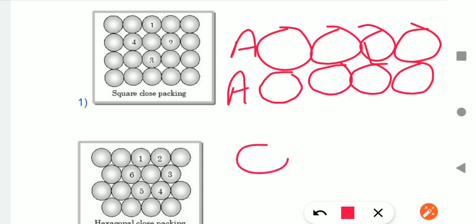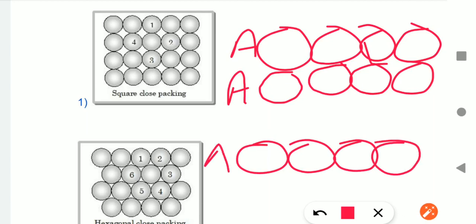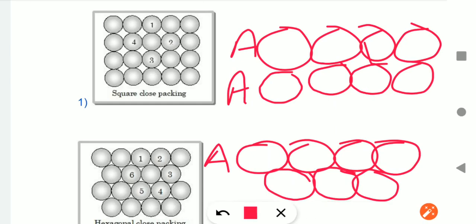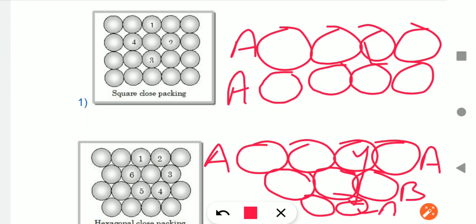The second type of packing is that, as you put the first layer A, you can put another layer in the gaps between two spheres. Similarly, the third layer is this one. So this is A, this is B, but if you check again, this is just below the first one, so it is again A.